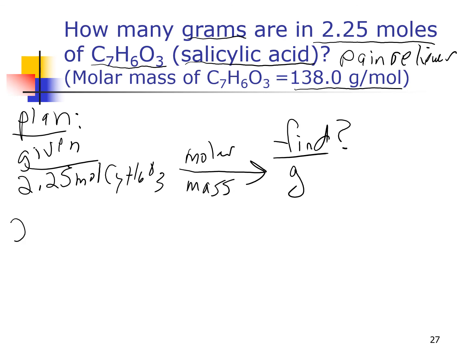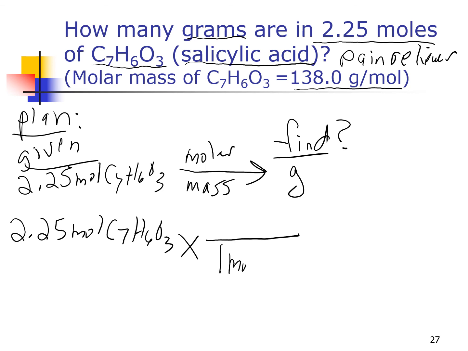So we can solve our problem. 2.25 moles C7H6O3 times the molar mass. And again, we're going to use our molar mass as our conversion factor and set it up so the moles will cancel. So 1 mole of C7H6O3 weighs 138.0 grams.